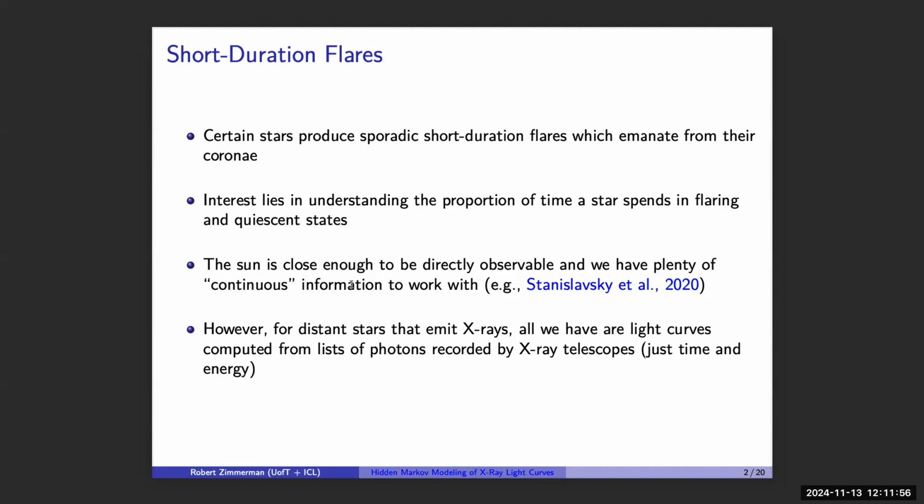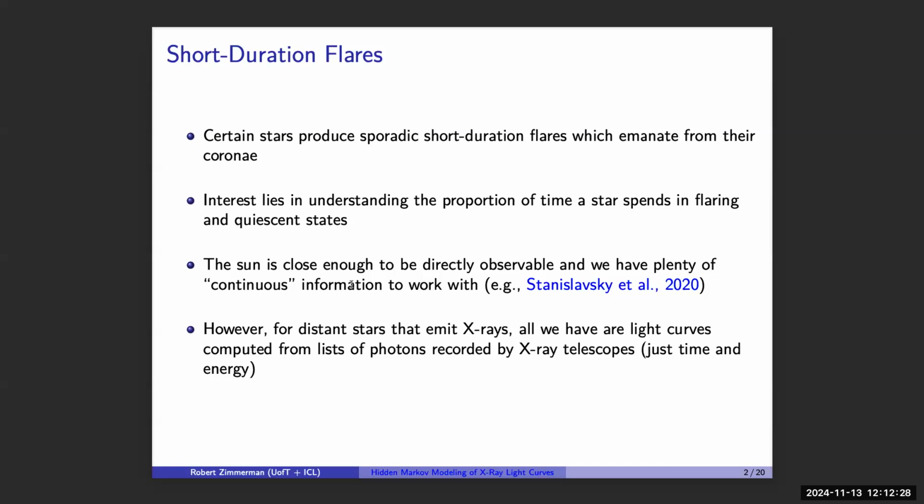Also, from a statistical perspective, it's just interesting to understand the data generating process, what process actually generates the observed data. For a star like the sun, that's very close, and it's close enough that we have continuous information in continuous time, like flux measurements, and you can do what Stanislavski et al. did, which is to fit a hidden Markov model where the observed data is continuous, and in some respects, that's somewhat easy.